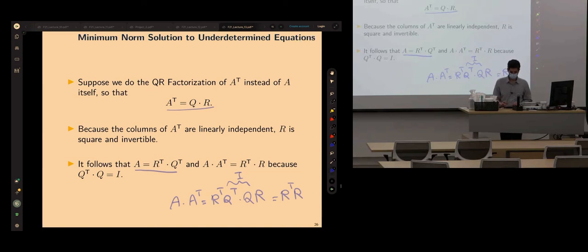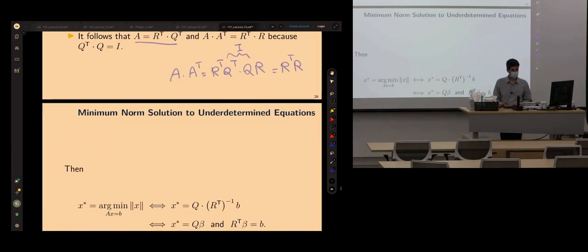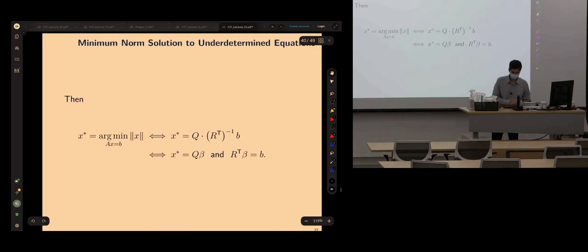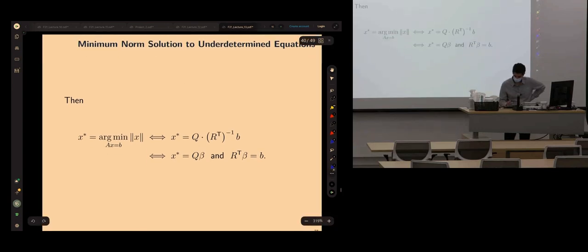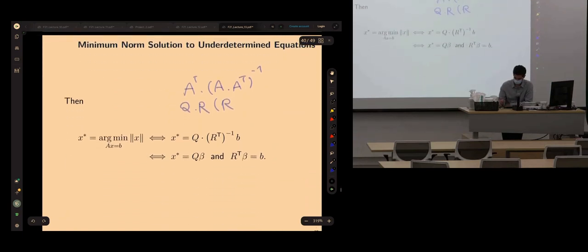This looks like a good thing, but we don't know yet. So let's see. We have A transpose times (A A transpose) inverse. You get Q R (R transpose R) inverse.